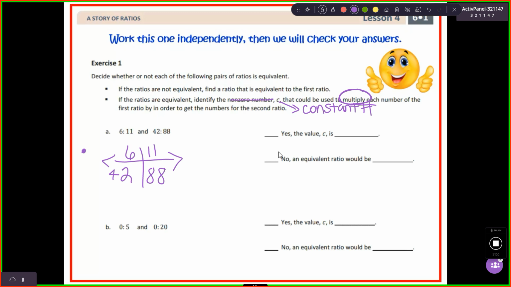Raise your hand when you know if they multiply by the same number on each side. If you don't know, you'll be putting 42 divided by 6 in your calculator to find out what they multiply by, and then you'll be putting in 88 divided by 11 to figure out what they multiply by. So raise your hand once you know what they're multiplying by on each side.